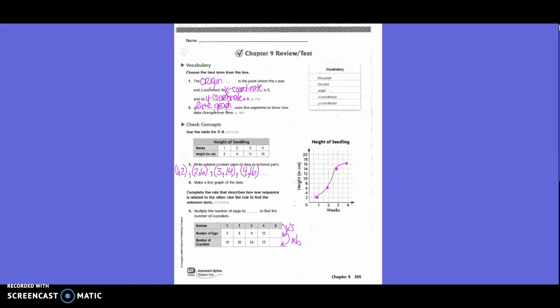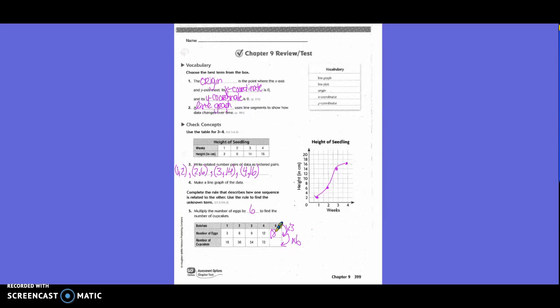Okay. So, multiply the number of eggs by what, guys? What did we say? 6 to find the number of cupcakes. But to find the number of eggs, we would take 6 times 3 and get 18. And then we could do 6 times 18, right?